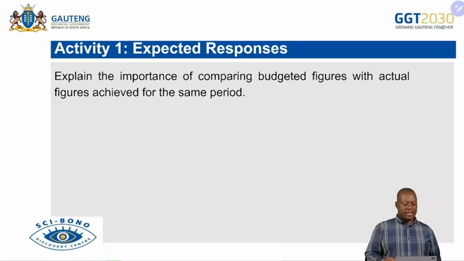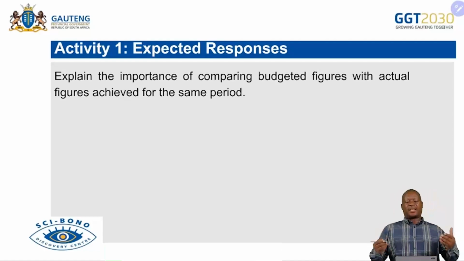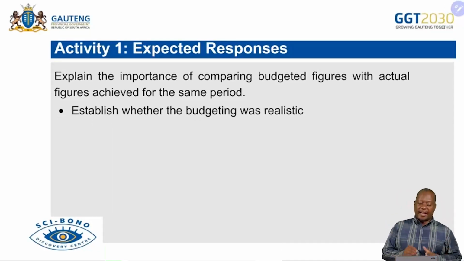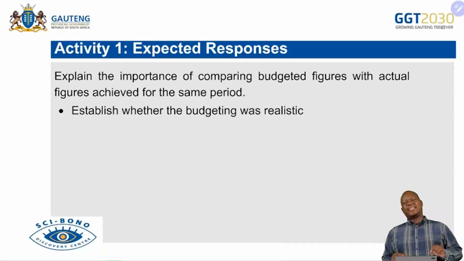Explain the importance of comparing budgeted figures with actual figures achieved for the same period. Now, it helps us to establish whether the budgeting was realistic. Check in. You are going to say, I am going to spend 2,000 on the telephone for the month in your budget.